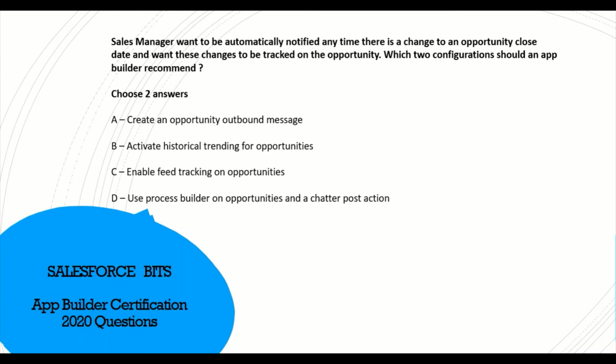So as soon as the opportunity close date changes, use the process builder to post it to the chatter action, and that will happen only when you enable the feed tracking of the opportunity. So the correct answer is C and D.